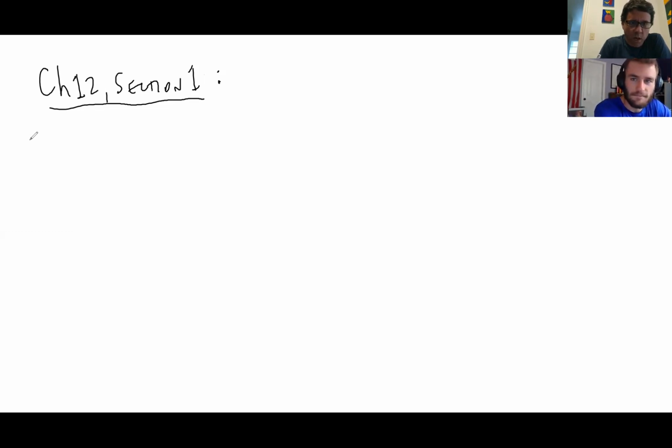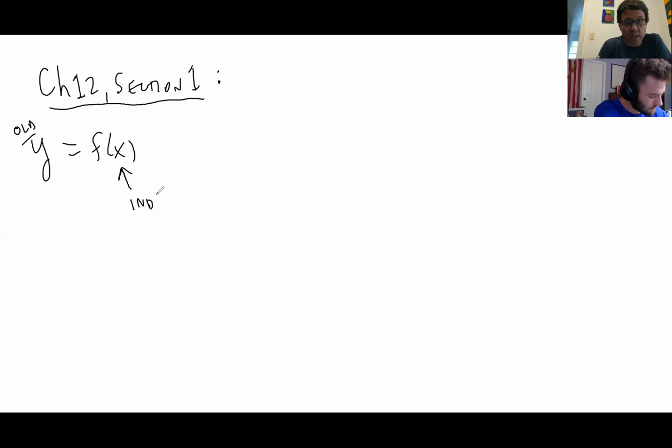So this is just an introduction to functions of several variables. Before, this is the old stuff, we would just say y equals f of x, and you've got two variables, x and y, but this x is called the independent variable, which just means it's allowed to take on whatever value you want.